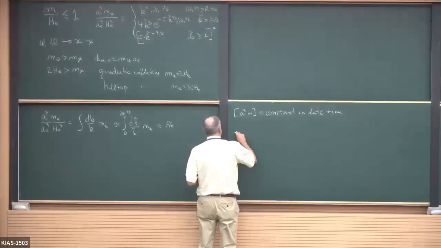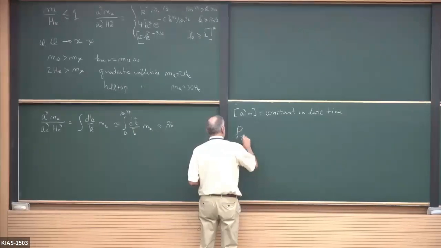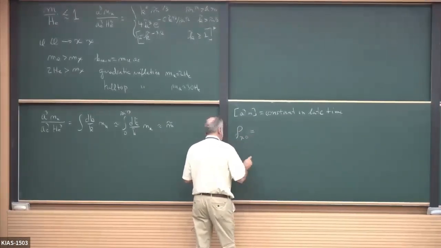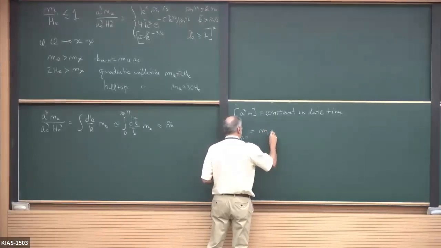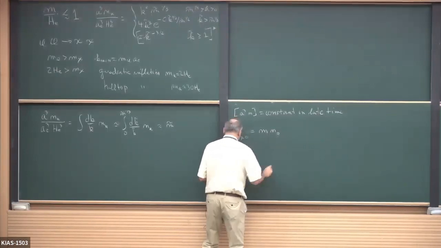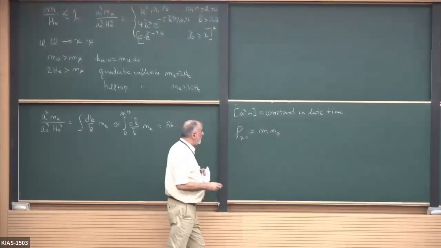So the mass density contributed by chi today, and I'll say the 0 for today, is the mass times the number density today. So write it as n0.